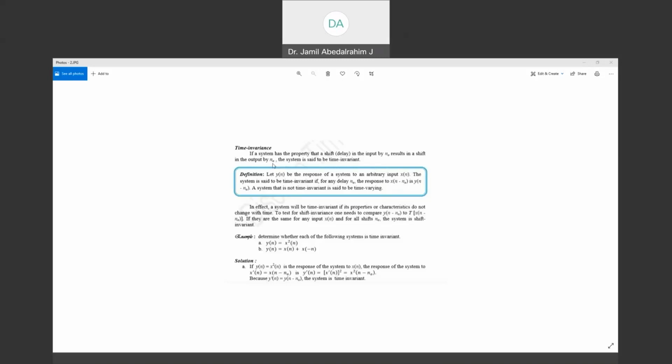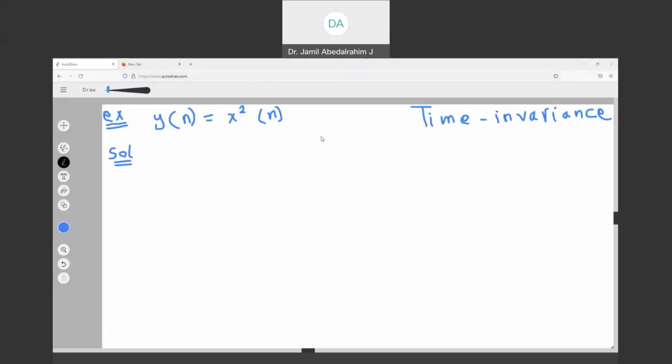Okay, let's take an example. Determine whether each of the following systems is time invariant. The first equation: y of n equals x to the power of 2 of n. This is the solution for A. Let me explain it.